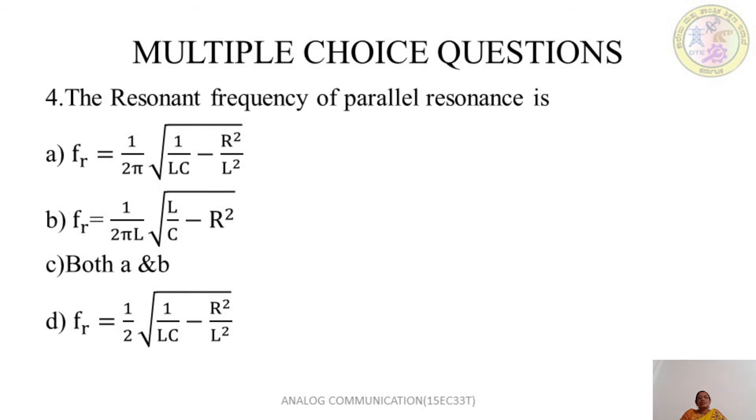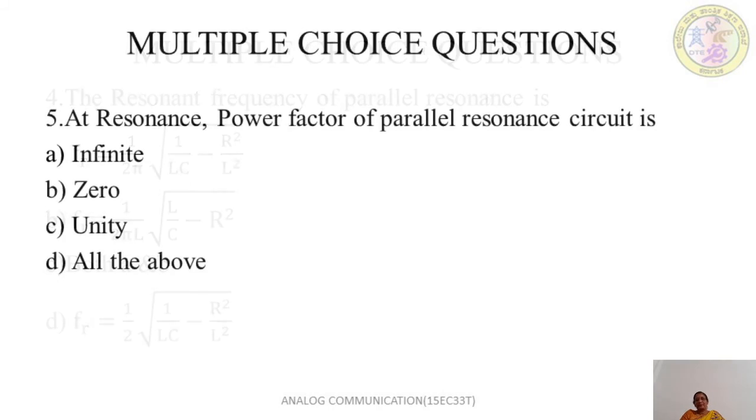The resonant frequency of parallel resonance is: Fr is equal to 1 by 2 pi root 1 by LC minus R square by L square; or Fr is equal to 1 by 2 pi L root L by C minus R square; both A and B. The answer is A, Fr is equal to 1 by 2 pi root 1 by LC minus R square by L square.